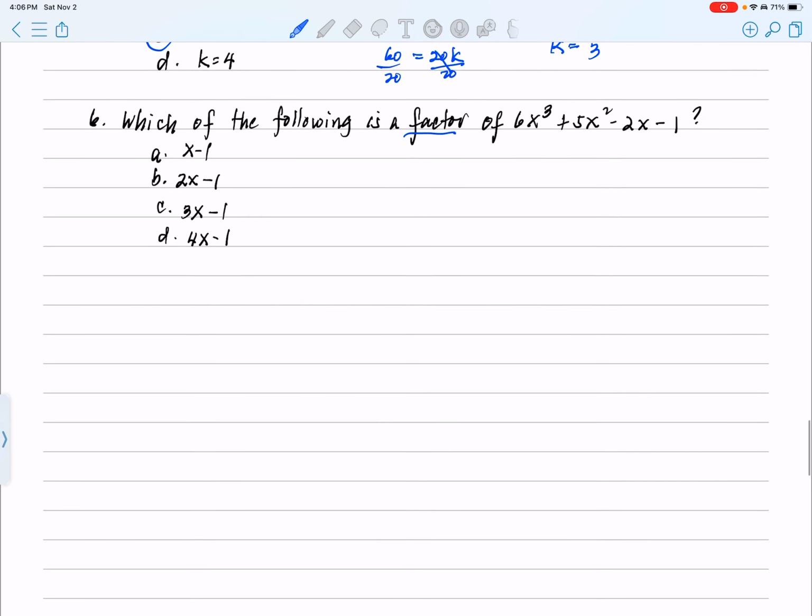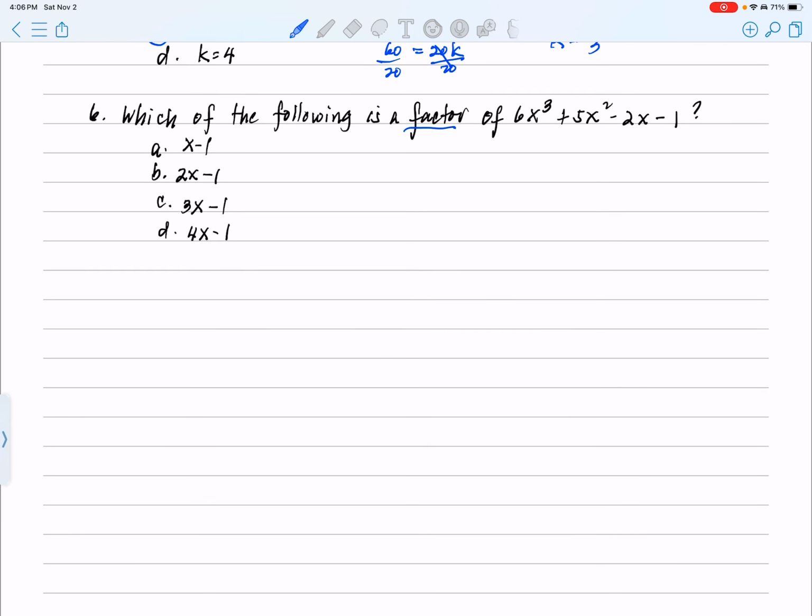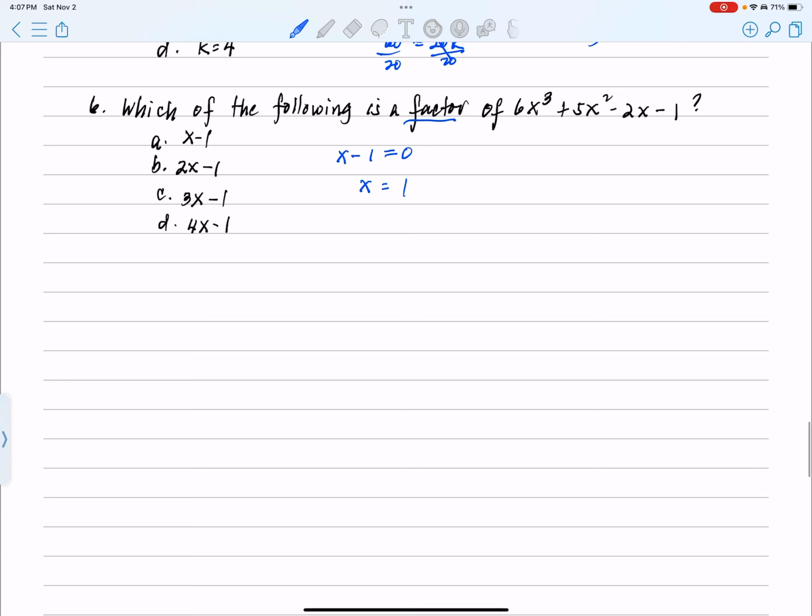You have x minus 1, so maybe if you do x minus 1 equals 0, x equals 1, you substitute that into the given polynomial. And 2x minus 1 equals 0, so 2x is 1, x is 1 half.